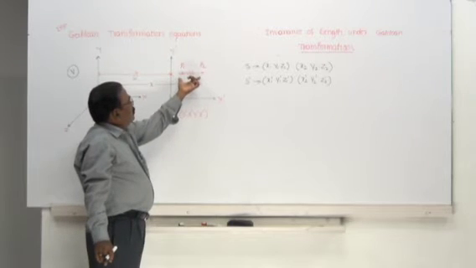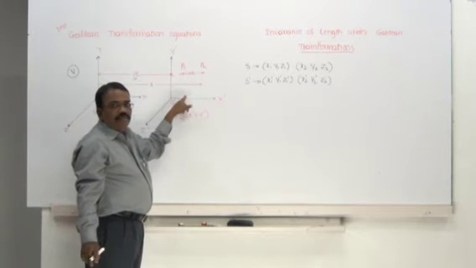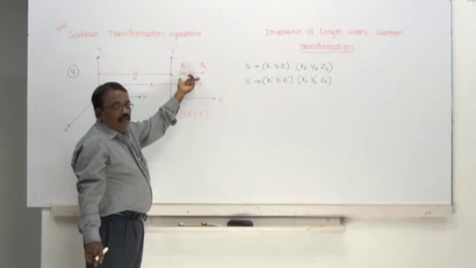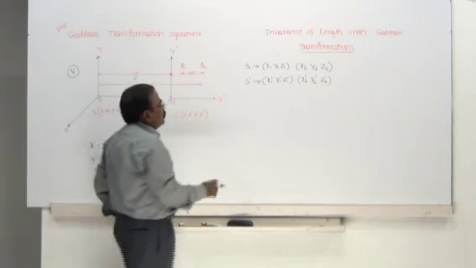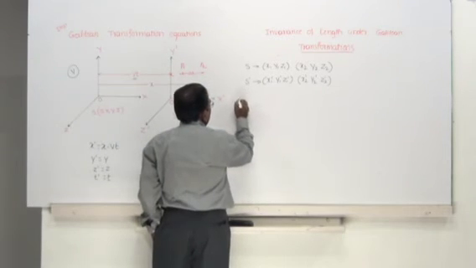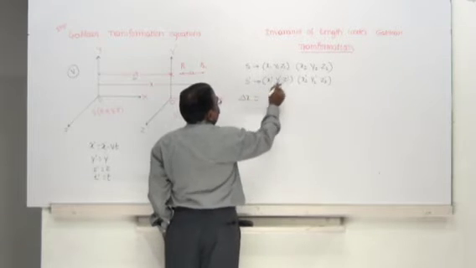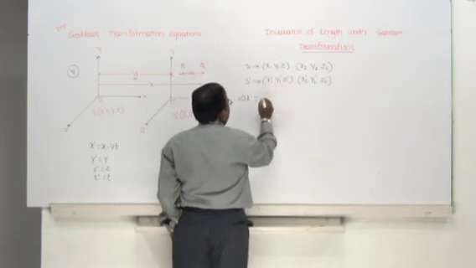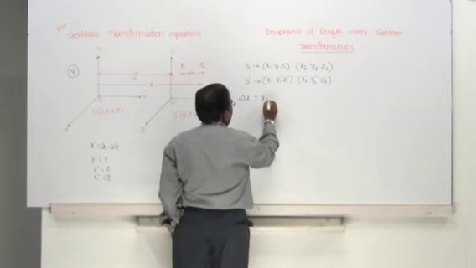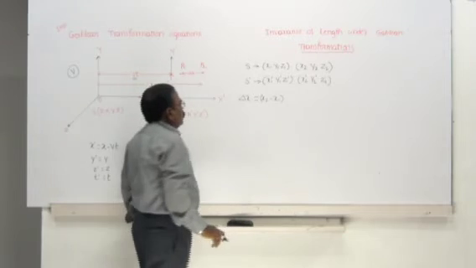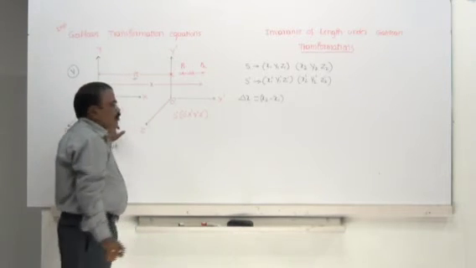And along the x-axis, these two are separated by a certain distance delta x. Their separation observed in S frame is given by delta x is equal to x2 minus x1. This is observed from S frame.